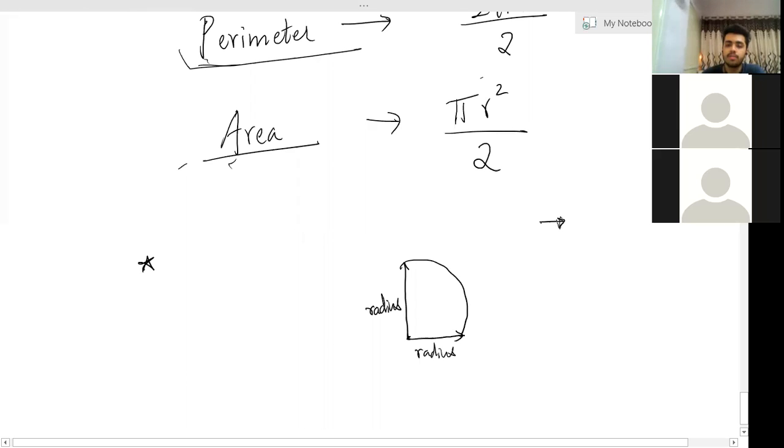Yes, this is a quarter circle, or not only a sector, because this is the radius and this is the radius, and this is 90 degrees. The quadrant. Yes, quadrant of a circle, or we can call it a quarter circle, or we better call it a quadrant. So this is also known as 1/4 of the circle.